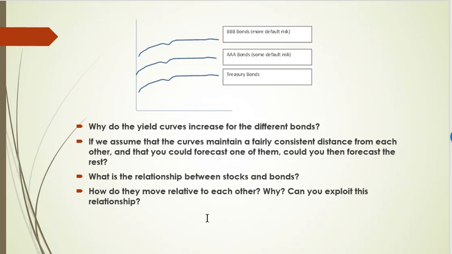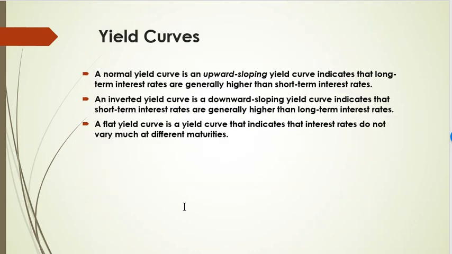So if they do move opposite of each other, we would want to combine our portfolios so that we could get some diversification. If we have negative correlation between stocks and bonds, then we should be able to get decent diversification on our portfolio by combining them.